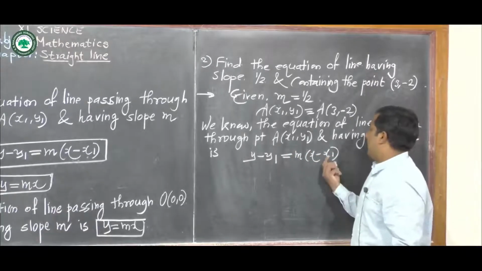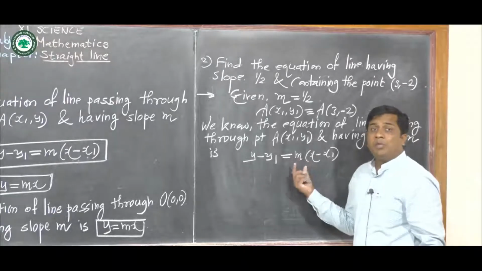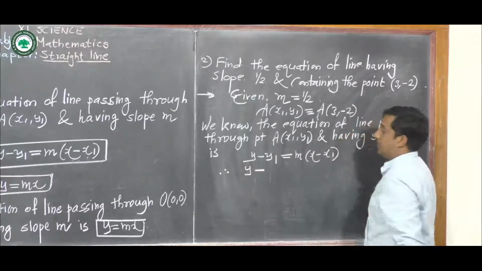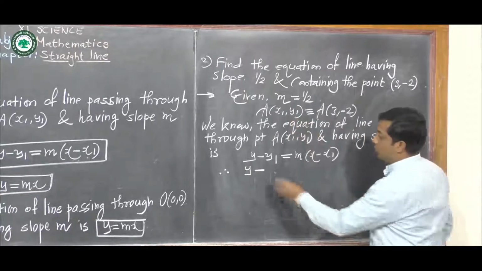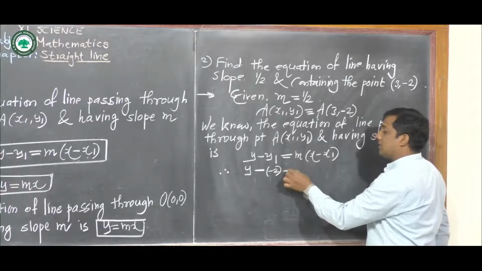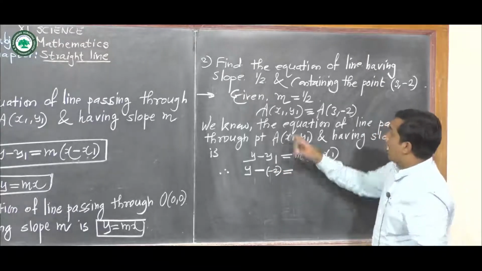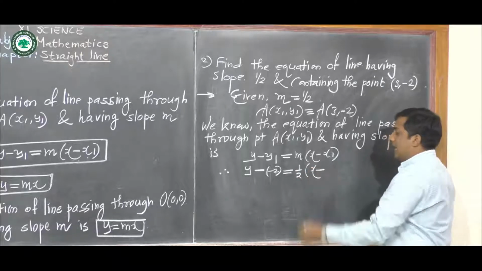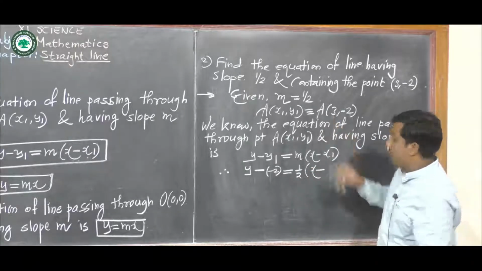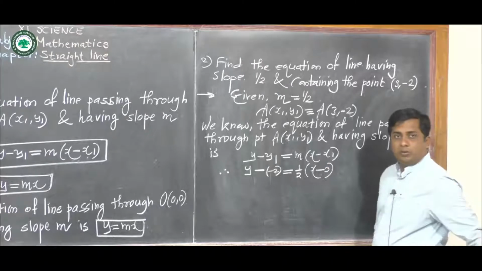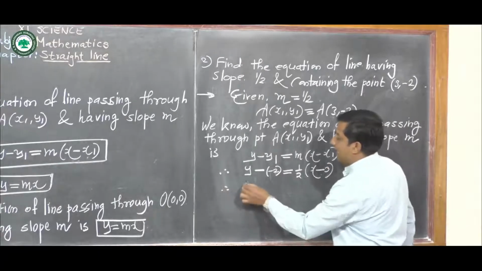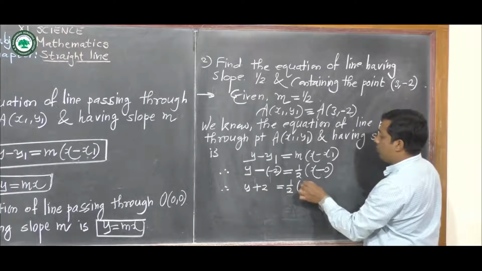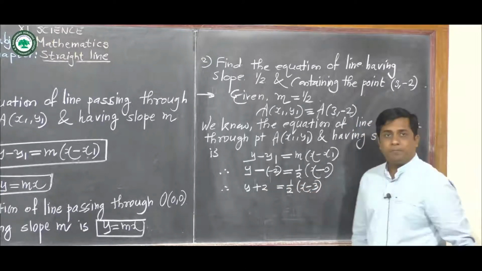Let's replace x1, y1 and m in the given form. Okay, so y minus y1, we know y1 is -2, so in the bracket minus minus 2, is equal to m, which is 1 upon 2, then inside the bracket x minus x1, where x1 is 3. Now I write this as y plus 2 is equal to 1 upon 2 into bracket x minus 3.